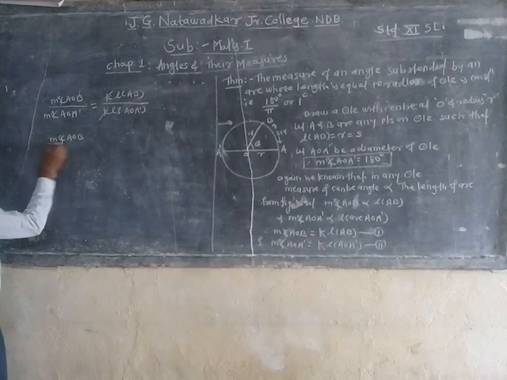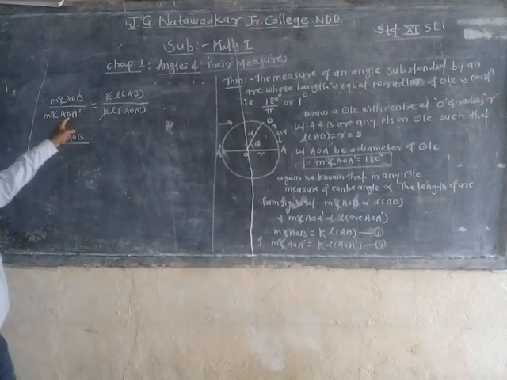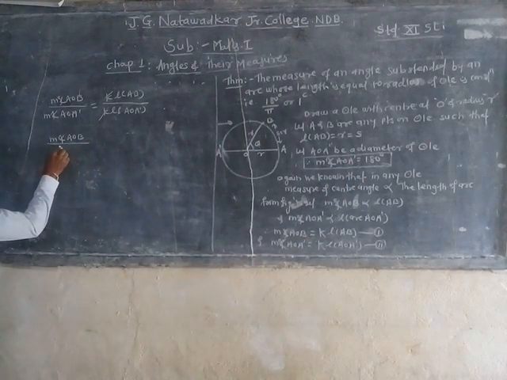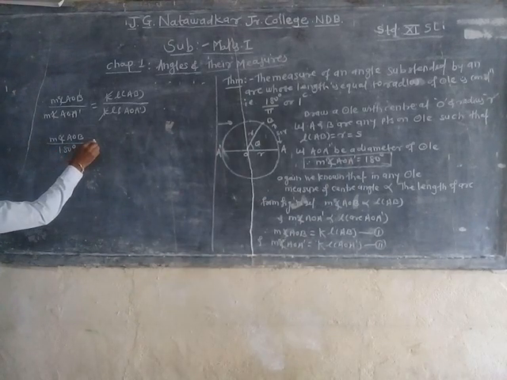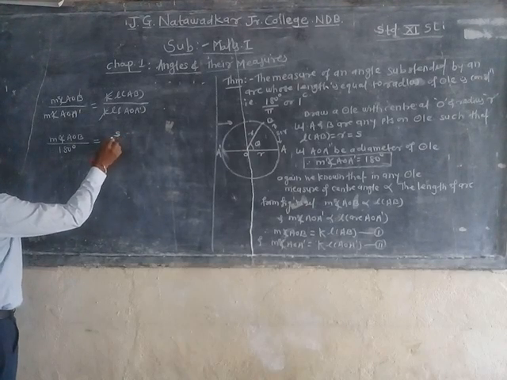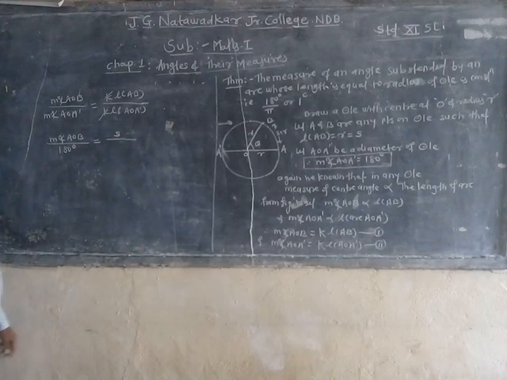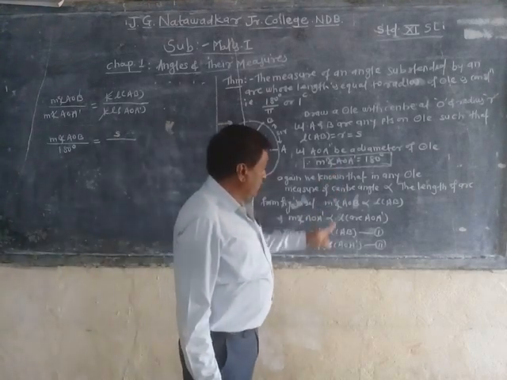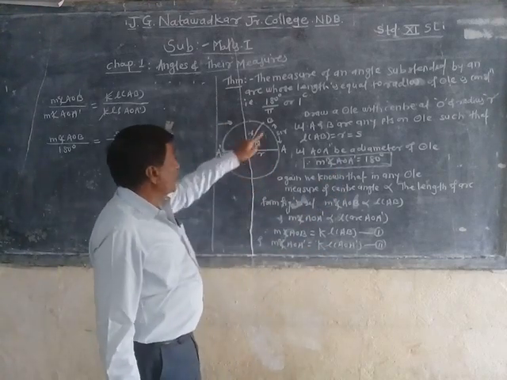the measure of angle AOB divided by the measure of angle AOA dash, which is 180 degrees, so I will write here its measure, that is 180 degrees, equal to the length of arc, denoted by S or R, divided by the length of arc AOA dash.